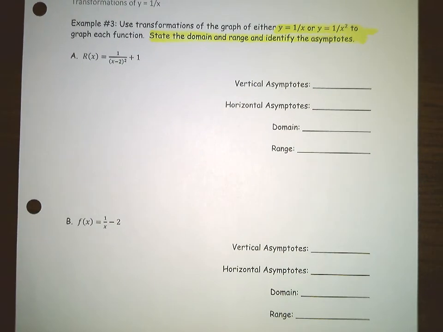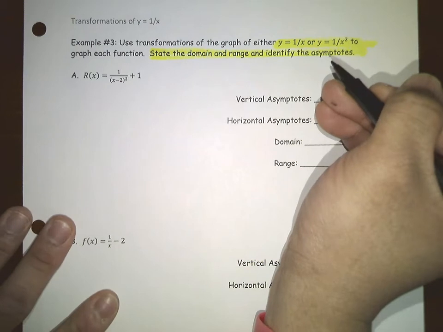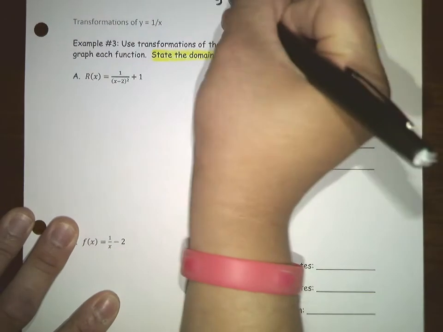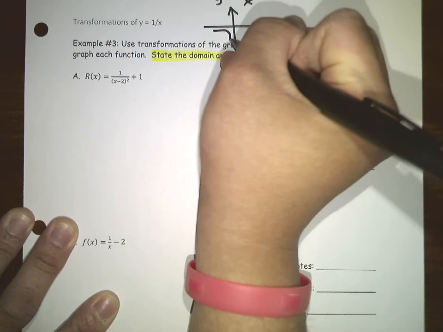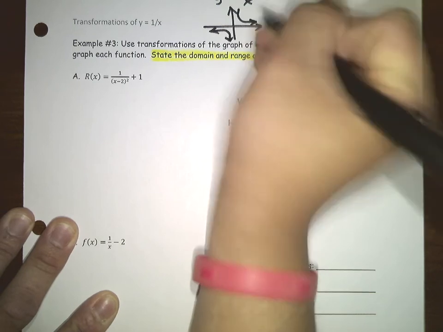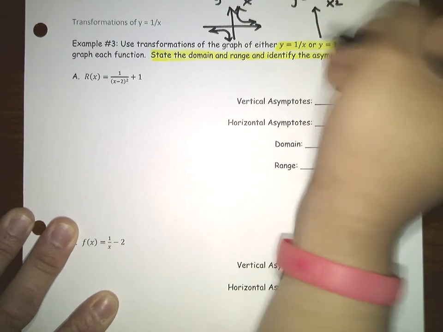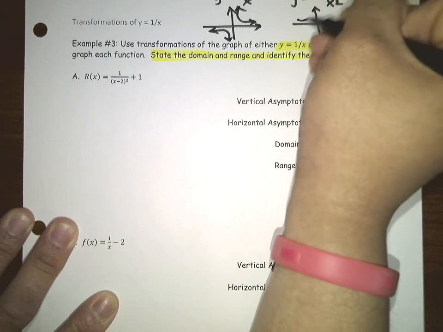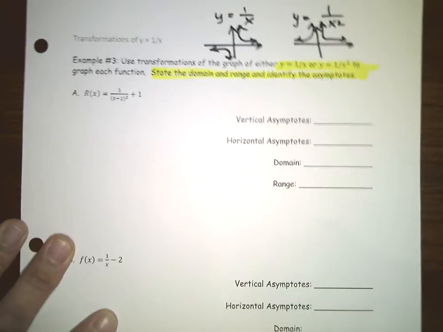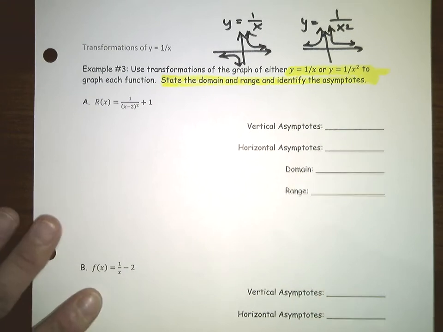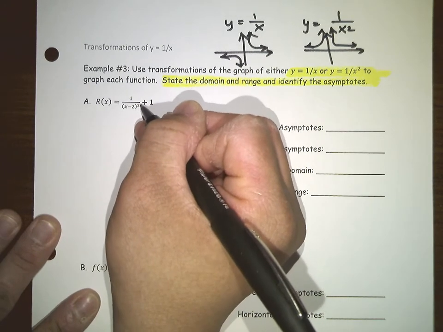So if we have y equals 1 over x, that will look like this. And y equals 1 over x squared will look like this, all right?